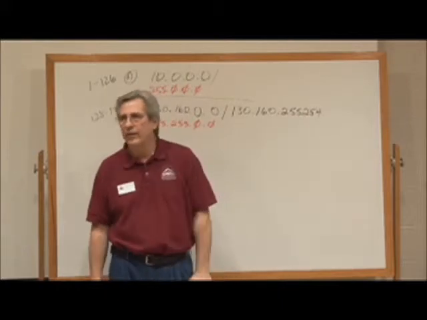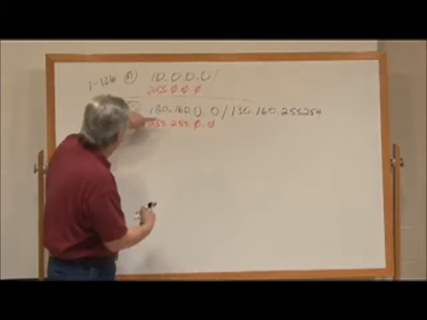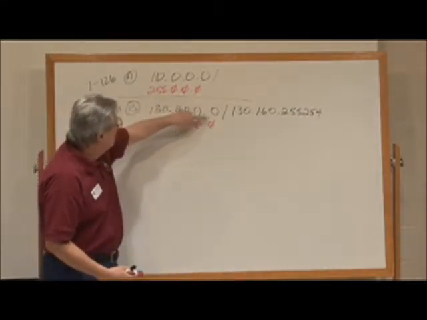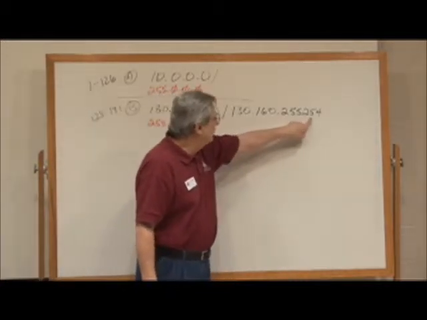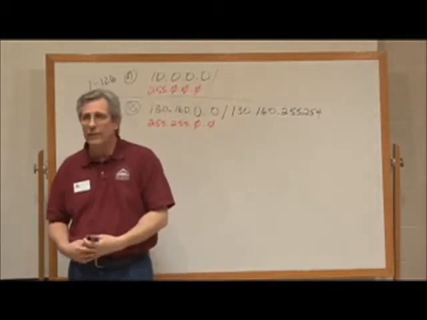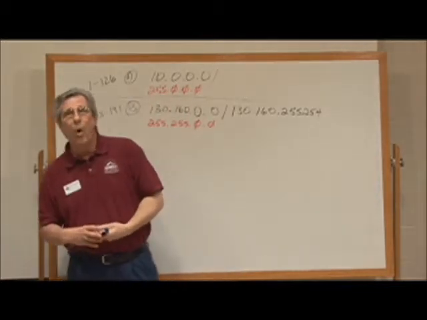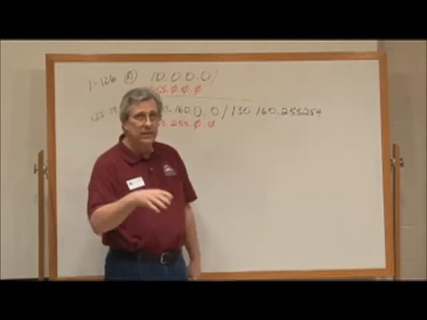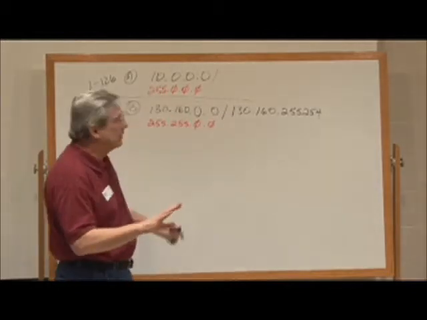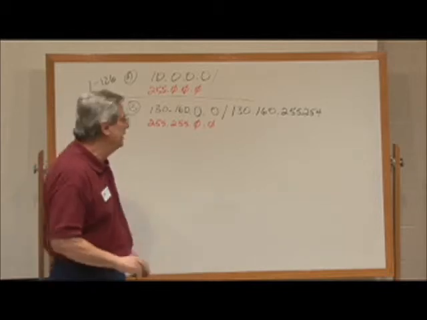It's the broadcast address, you can't use it. The first number, 130.160.0.0, is the network number, you can't use it. The last one with 255, you can't use it, and this will become more important in a later chapter when we start subnetting these, and that's complicated enough to where we don't include it in this lecture.